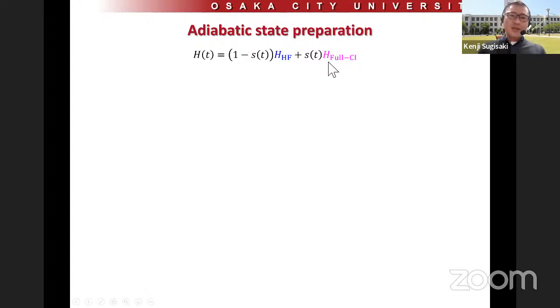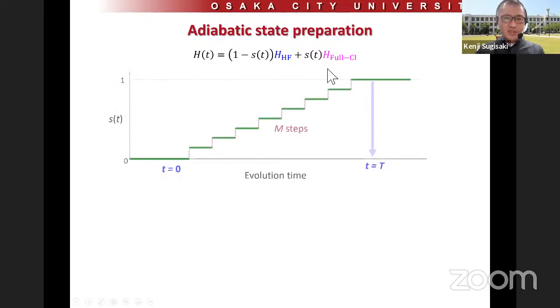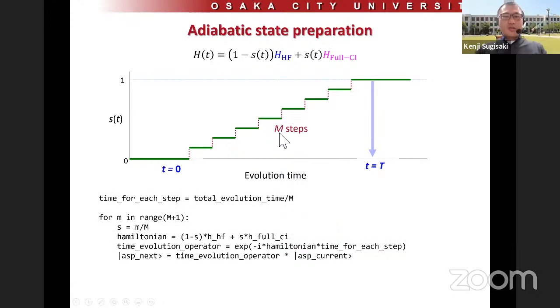So in order to perform this adiabatic state preparation on gate model quantum computers, we have to discretize the adiabatic paths like this. In this case, we divided the time evolution into M steps.